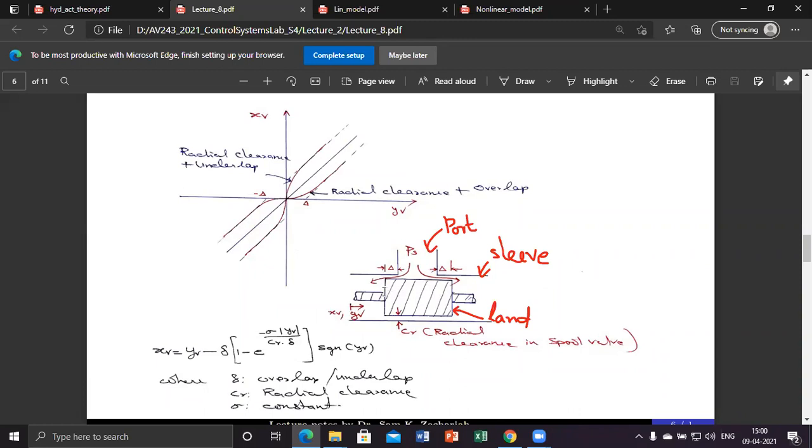But slightly when you push to the other side, it is not 0 here because there is a finite flow. The difference between the flow on both sides is still positive, and that will still feed into the hydraulic chamber. Earlier it was 0 because this totally closed this area. Now there is a positive flow.